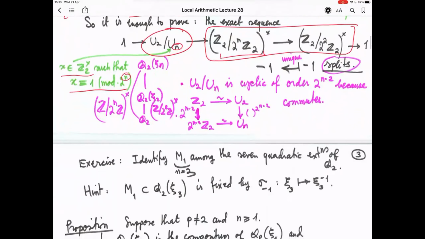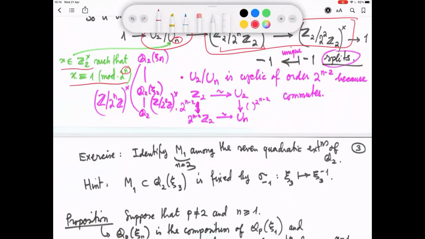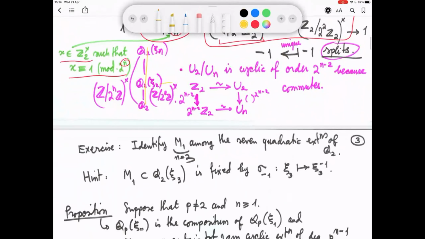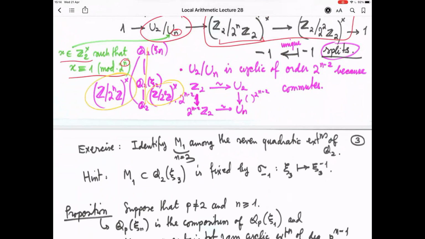Yeah, here was the diagram that I was looking for. This is the extension that I'm looking at. So here's the Galois group of Q2 psi 2 over Q2, and here's the Galois group of Q2 psi n over Q2.